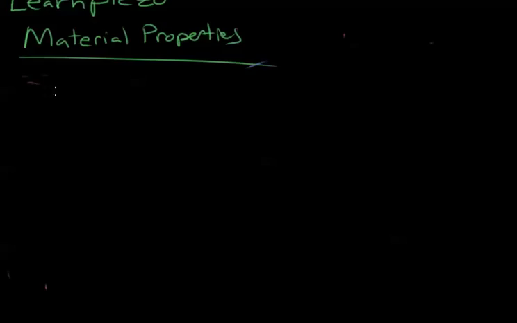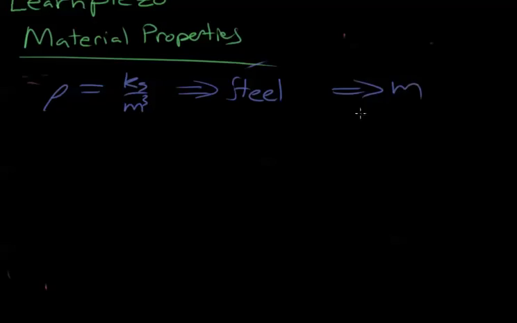For example, not exactly non-dimensional, but for example, I mentioned rho, the mass density, which is kilograms per meter cubed. So this could be applied, for example, if we have a steel bar. It doesn't matter what shape of the steel bar it is. As long as I know the shape, I can calculate the mass because I have the volume. But the mass of a steel bar is not a property of the material. It's a property of that piece of steel I have.